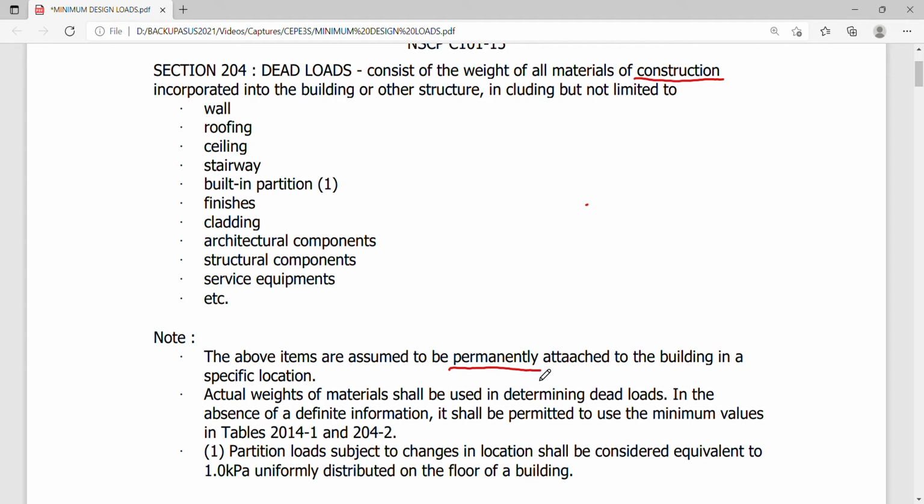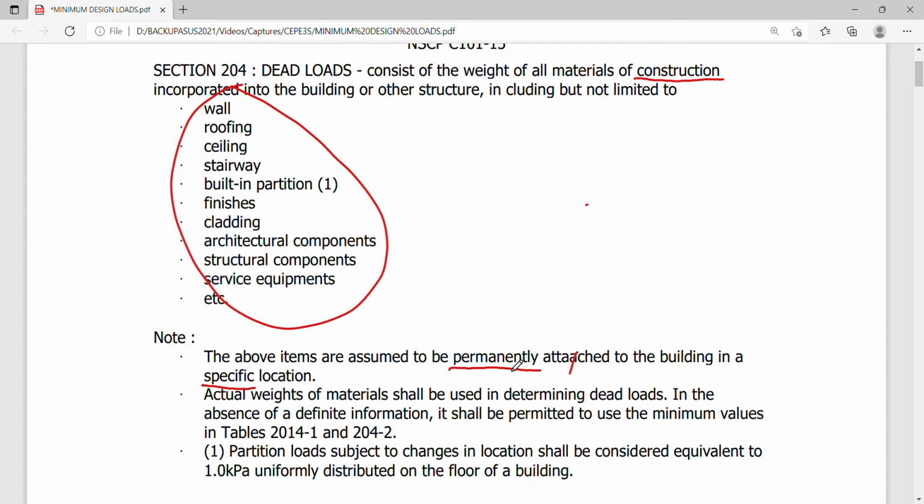They are assumed to be permanently attached to the building in a specific location. Okay, so if we know the location specifically of a component which are enumerated here, and they are more or less permanently attached to it, then we can say that this is a dead load.